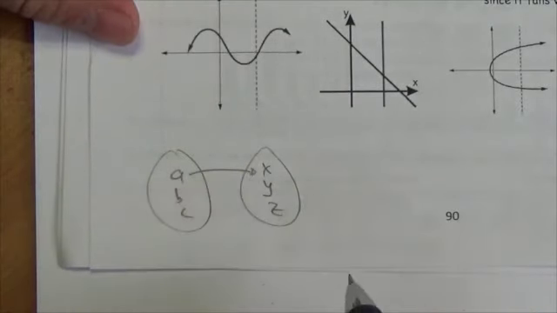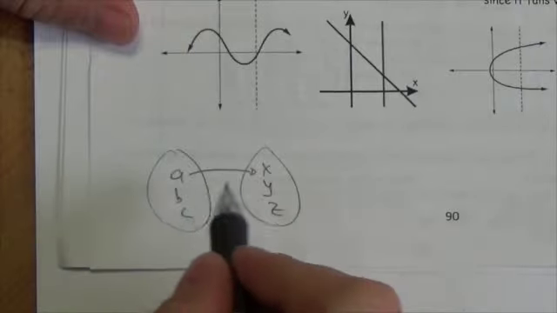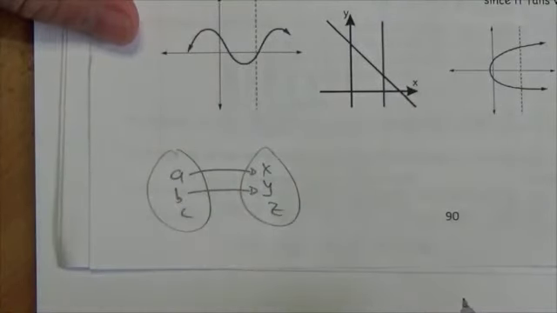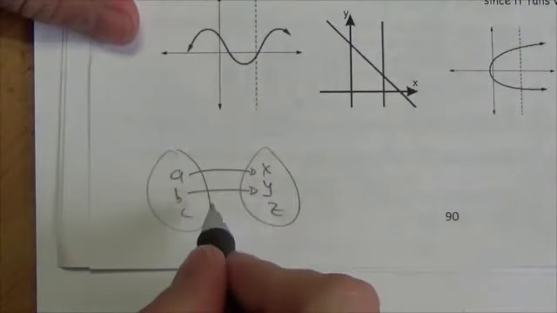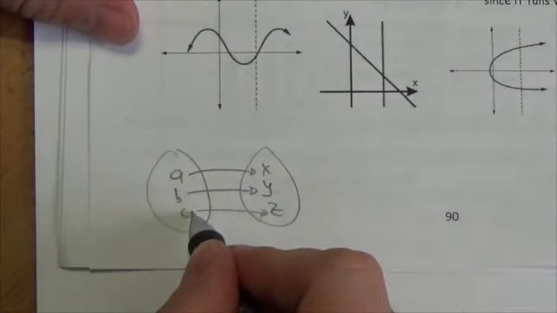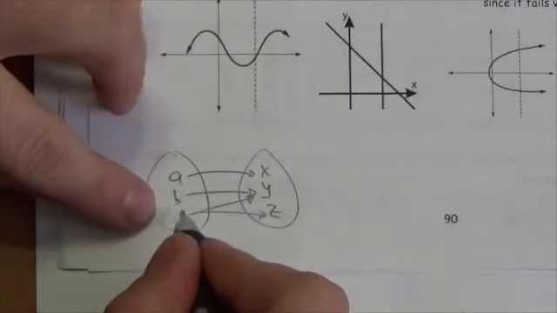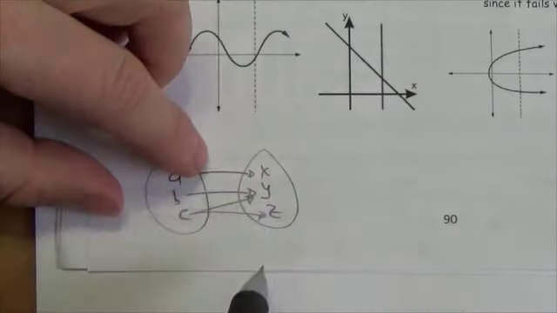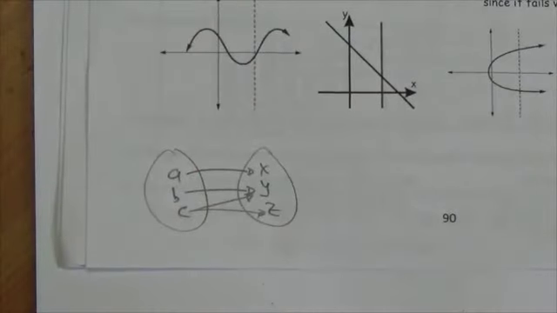I like the fact that A points to X, not a problem. Love the fact that B points to Y, not a problem. But as soon as you get something that does this, where one value points to multiple values in the range, that's not good. I don't like that.